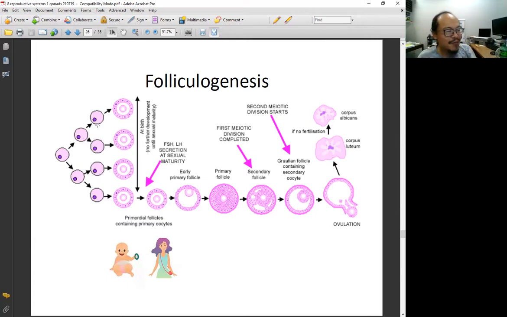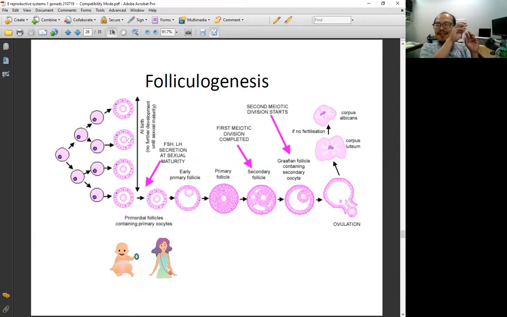All right, so before birth, we will have no stem cell. We only have the primary oocyte right here at birth, and each of these is called a primordial follicle. There's no stem cell.